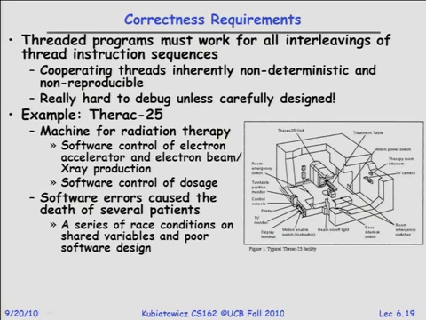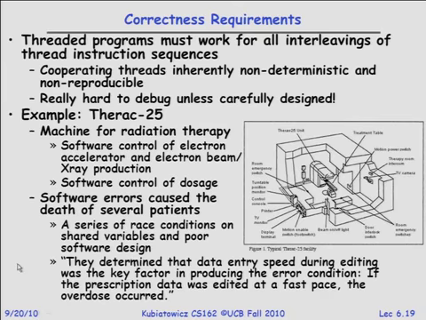A particular one that I think is amazing here, this is a quote from a paper, by the way, I put up for reading on the lecture page: they determined that data entry speed during editing was the key factor in producing the error condition. If the prescription data was edited at a fast pace, the overdose occurred. So this is a great error, right? If you've got an operator who really knows the machine well and is typing fast, then they're more likely to kill you as a result. That's a very bad synchronization bug.